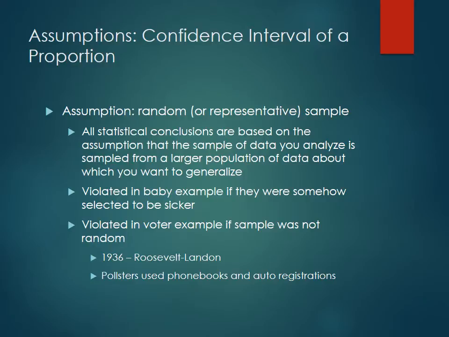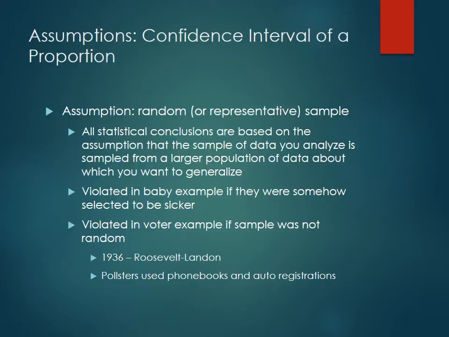And then the voter example is actually a good example of polls going astray. In 1936 there was Roosevelt versus Landon, and a magazine was doing a very large poll to see who would win the presidential election. They polled something like 2.5 million voters, and basically they were using phone books and auto vehicle registrations.